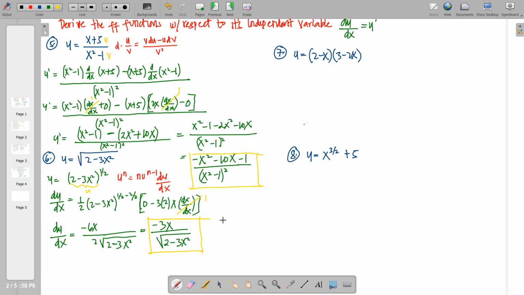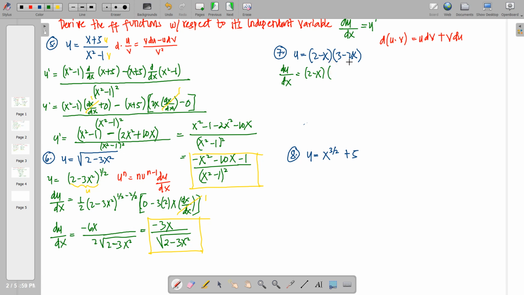Okay. Next one. Number 7, this is in terms of differential of u times v, or this is equal to u differential of v plus v differential of u, that is u dv plus v du. So we just simply follow the process. So this is dy over dx, copy u, derive this.